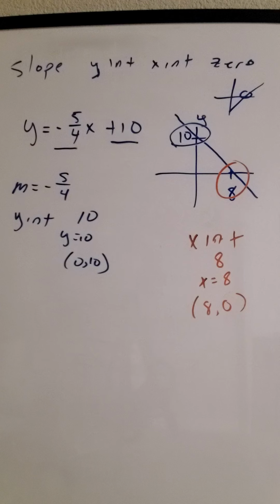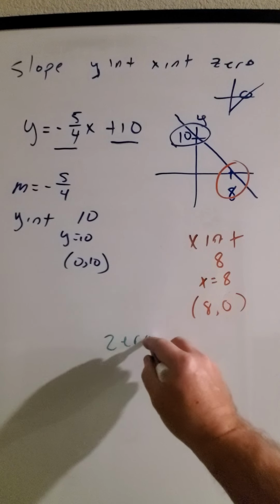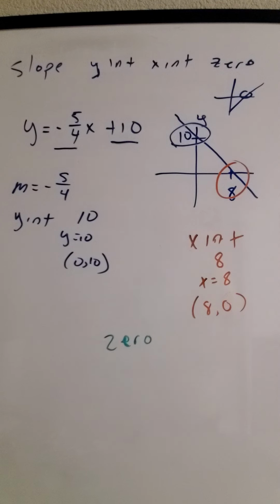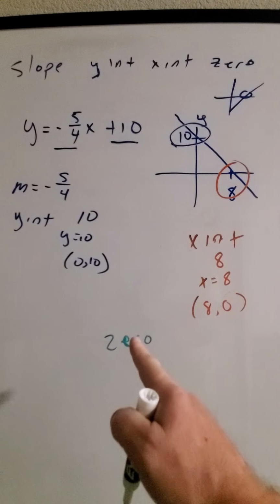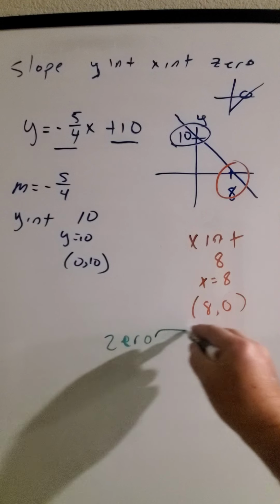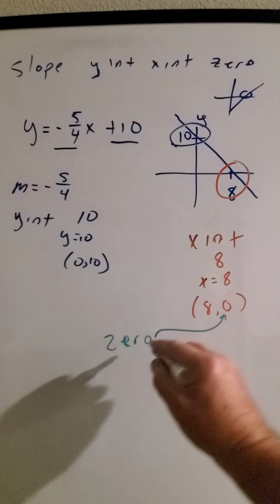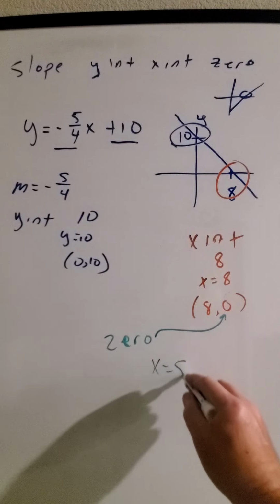The last part's really simple. The zero, as we call it, there are other names for it, but if we ask for the zeros, we want to know where y is 0. That is what asking for a zero means. And the zero is at x equals 8.